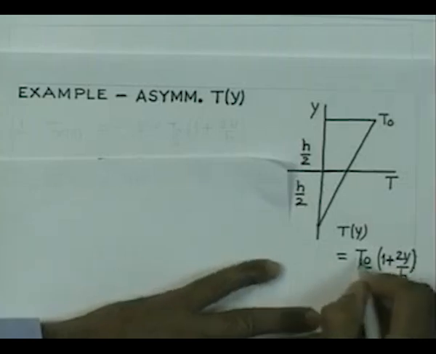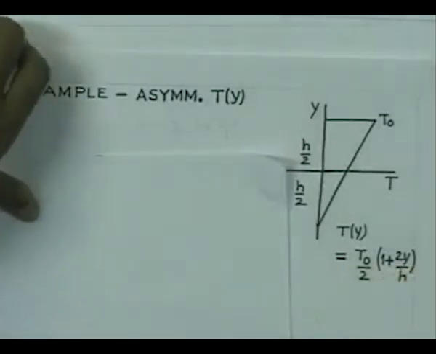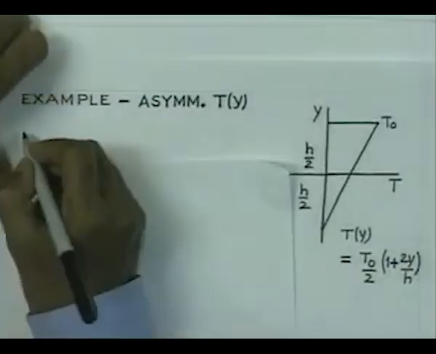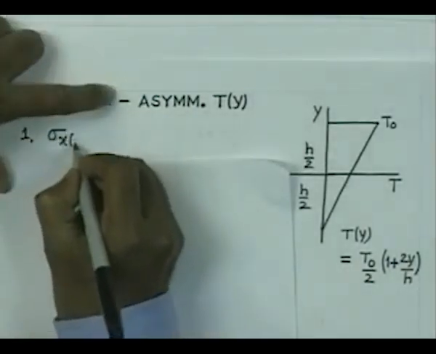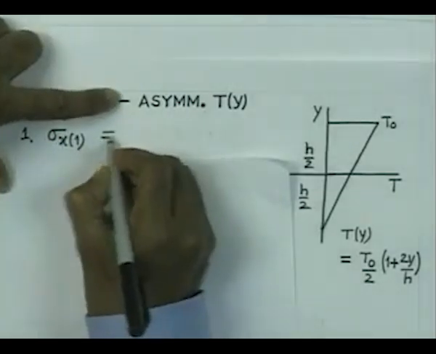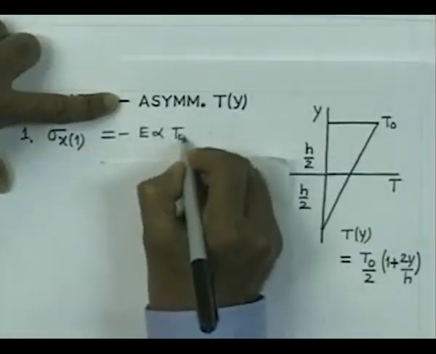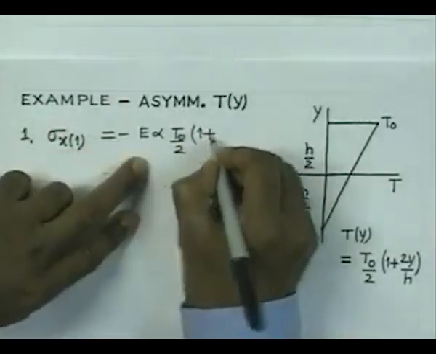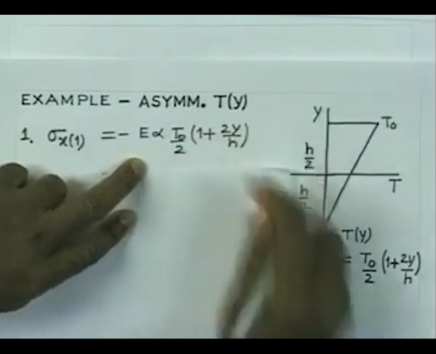So, that is the variation of the temperature. So, we can now write the stress sigma x1 as minus E alpha T0 by 2 into 1 plus 2y by h, this much.